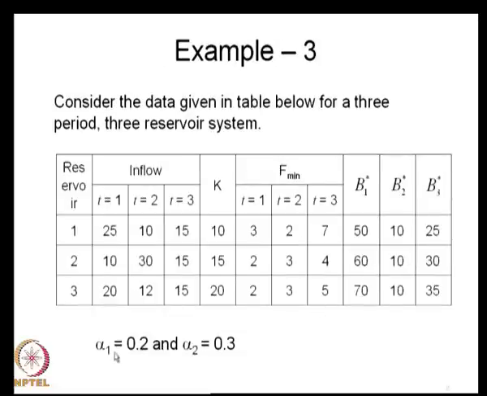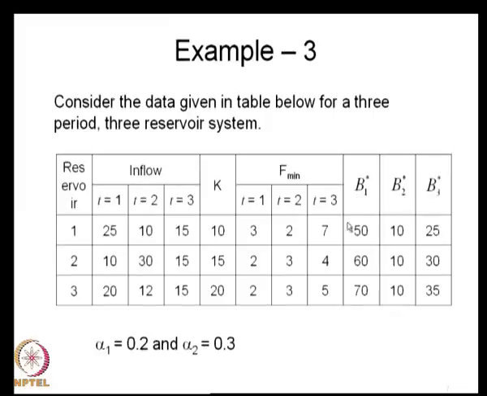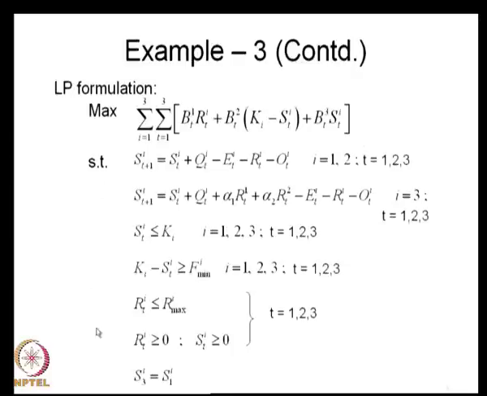And further we use alpha 1 as 0.2 and alpha 2 as 0.3, which means the fraction of the release that joins the downstream reservoir from the reservoir number 1 is 0.2 and this is 0.3. Okay, we will solve this problem. We will again rewrite the problem for t is equal to 1 to 3. There are 3 time periods.